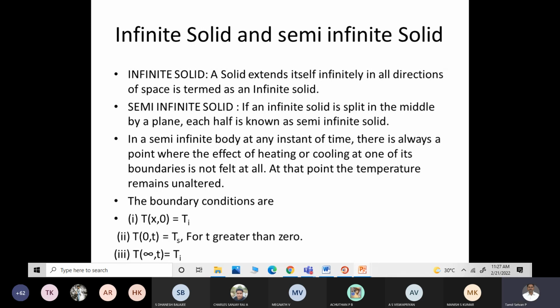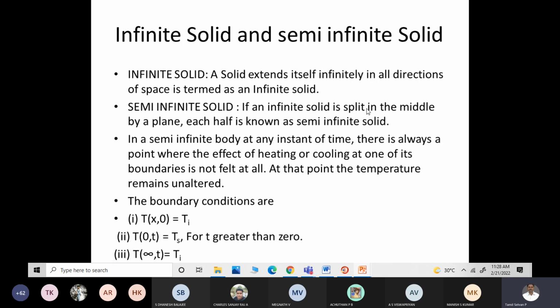So that can also be treated as a semi-infinite solid. Technically speaking, a solid which extends infinitely in all directions of space is termed an infinite solid.